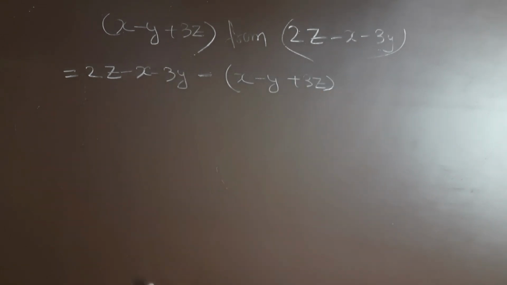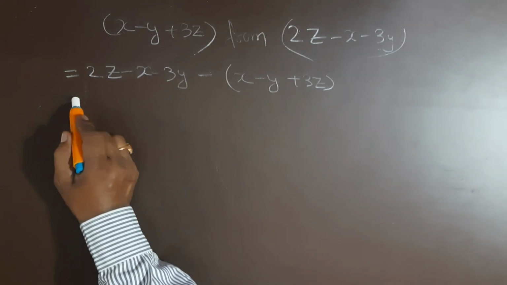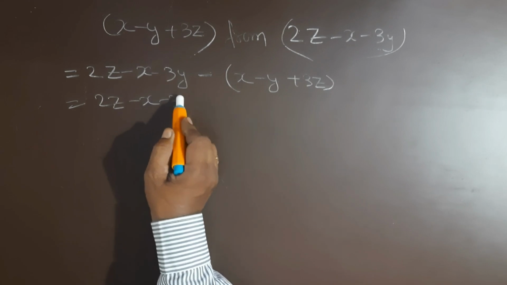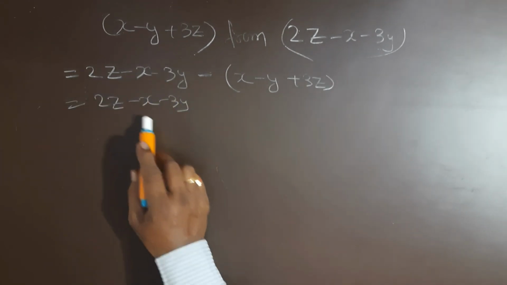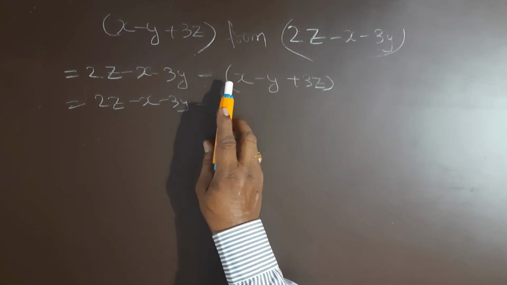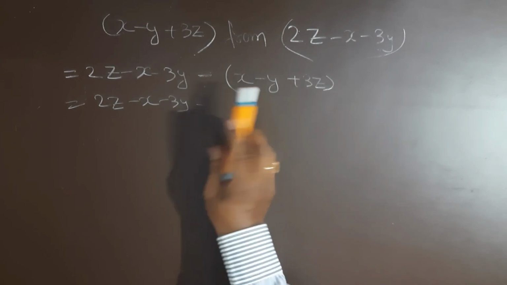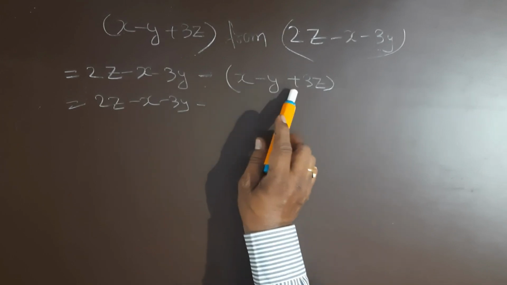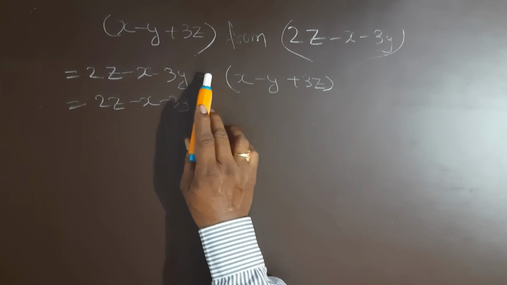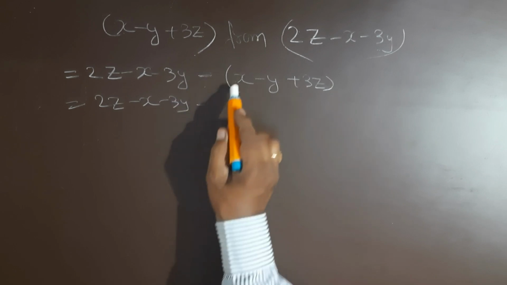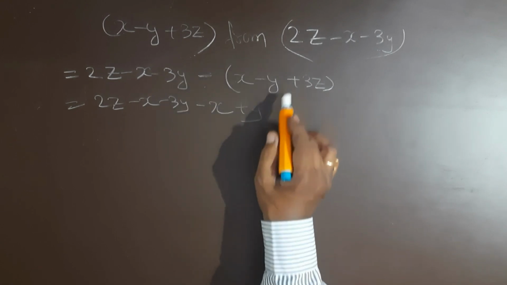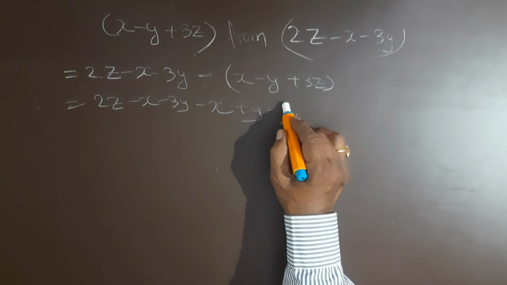Why the bracket is given is that x minus 3y, these 3 all as it is we have copied here. Now here, since it is subtraction, we have to multiply it with everything, but simply in other words we can say that we have to change the signs. Because this is plus, if there is no sign we have to think plus. Minus plus is minus x, minus minus is plus y, plus minus is minus 3z.